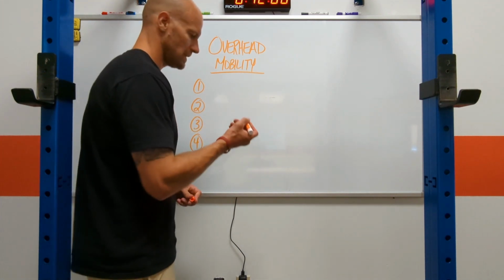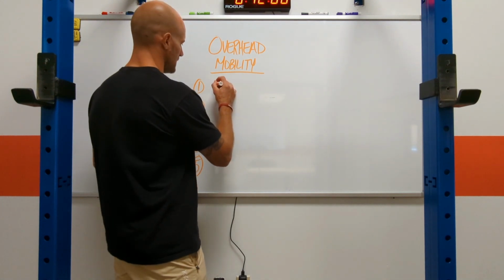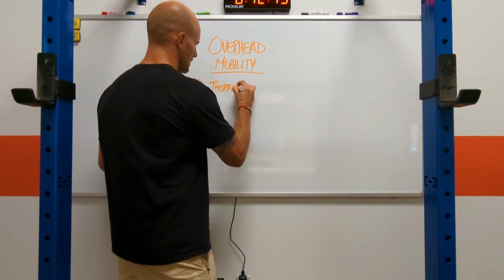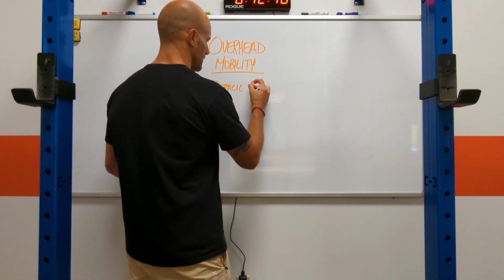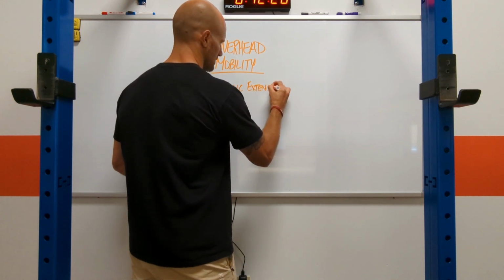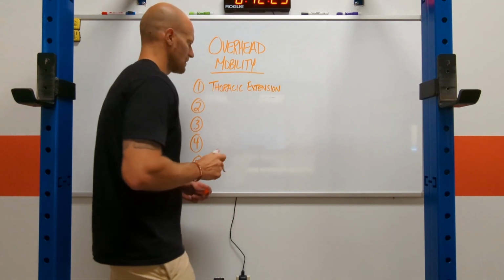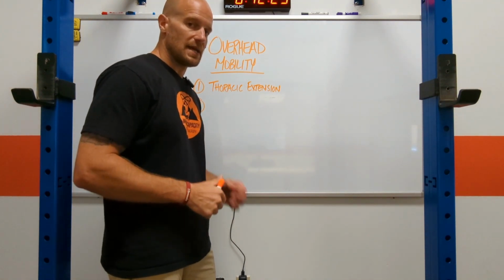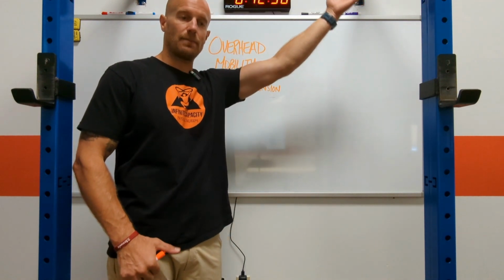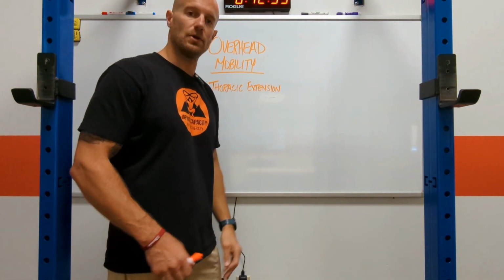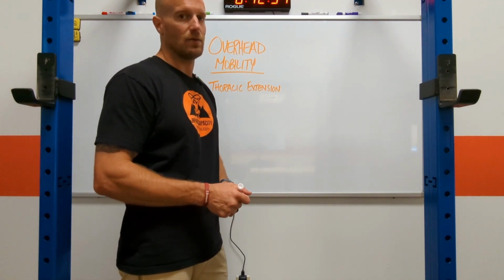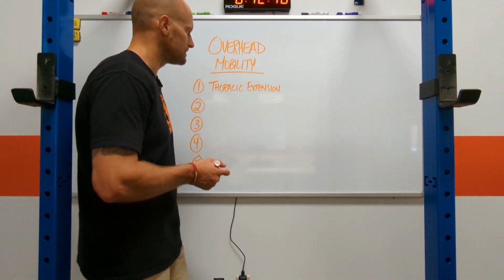So, component number 1 when assessing overhead mobility is going to be thoracic, or upper back, extension. The reason this is important is anytime we need to get our shoulder or both shoulders up overhead through full range of motion, our upper back needs to be able to extend a little bit in order for that range of motion to occur.